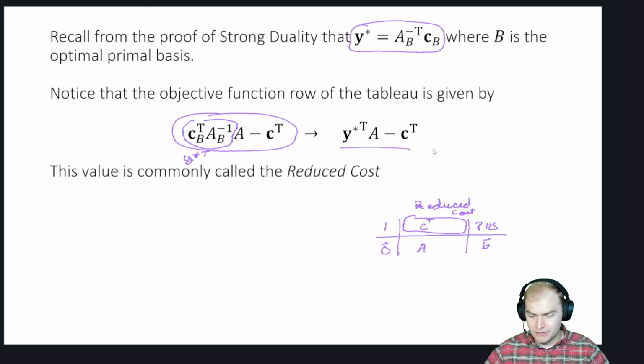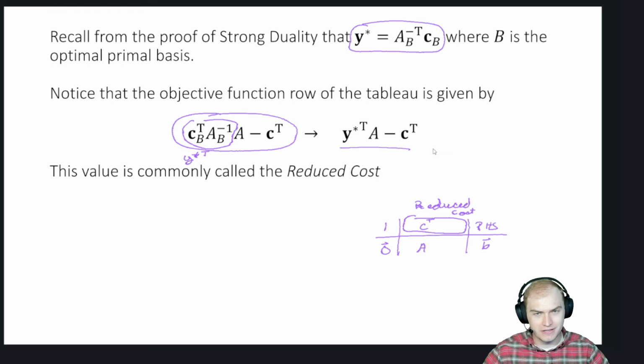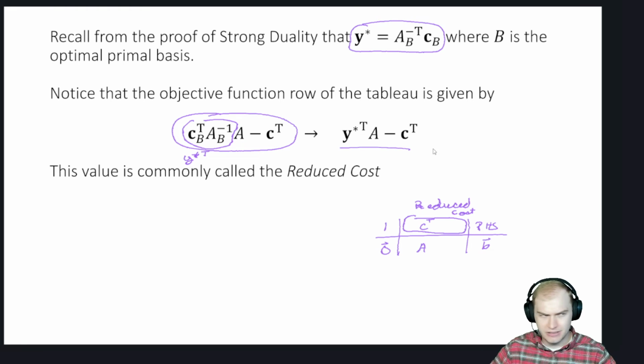Which is maybe not surprising because we've done a lot of this. I've pointed out a lot of these kind of similar relationships, but it is neat and it is very useful.